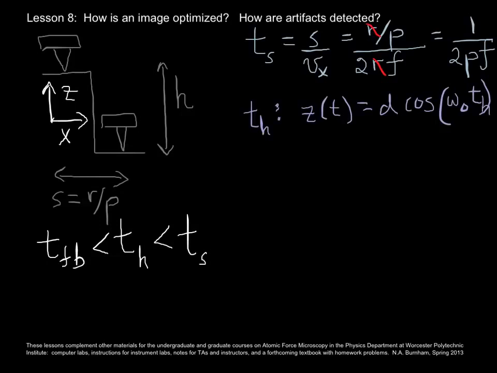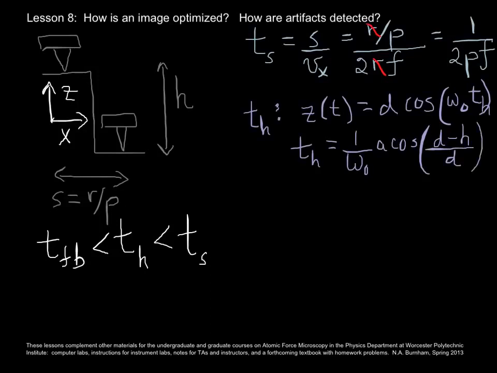So we solved that equation for time a few slides ago, and we came up with 1 over the resonant frequency, the arc cosine of the quantity z over d. Now, in this situation, we don't exactly have z, but we have the equivalent, it's the deflection minus the height of the cliff.